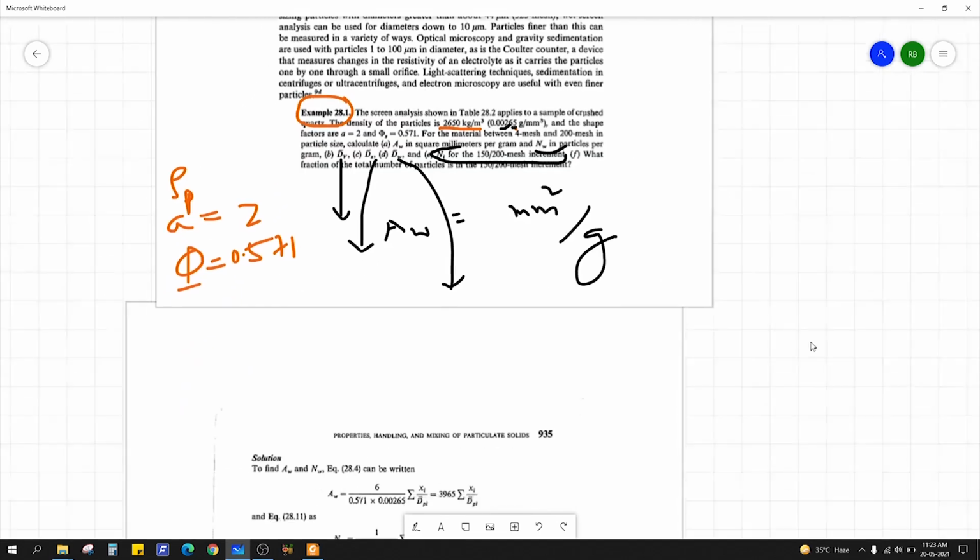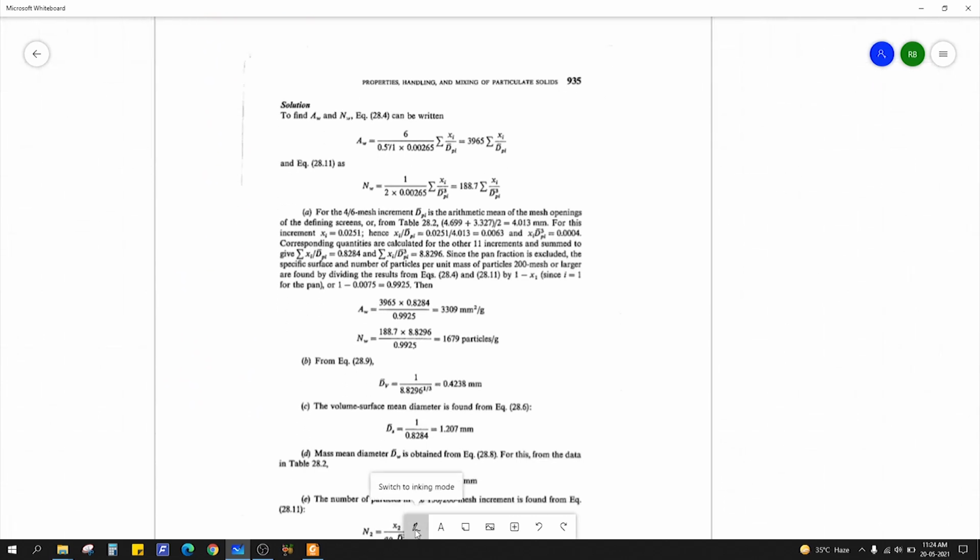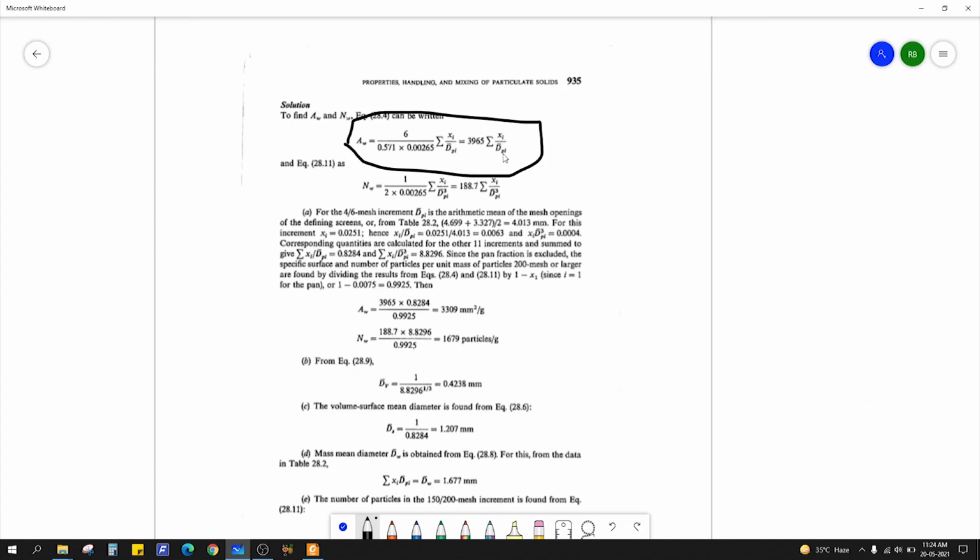Just go through it, and try to do it using a table. Don't simply put in the values. Make a table, put the values, calculate xi by dpi and do the summation. Okay, and do it as homework.